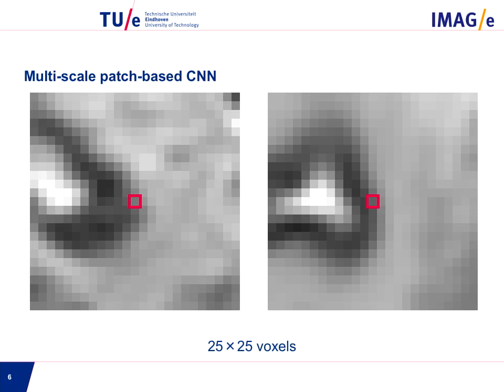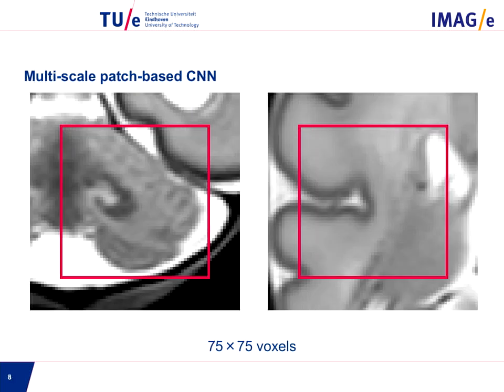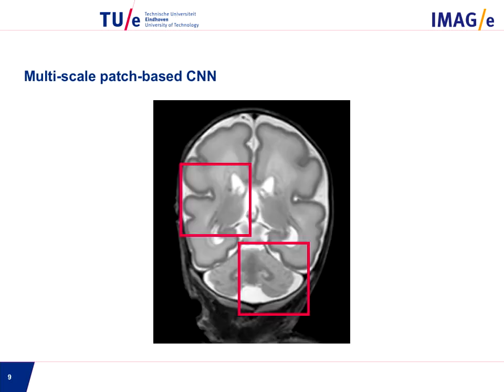But if we zoom out from this, the 25 by 25 patch is now indicated by the box, and this is now 51 by 51 voxels. You can see that we're actually in quite a different location in the brain. And if we zoom out a bit more, you can see that the left one was located at the cerebellum, and the right one was located at the cortex. So they were even located in the same image slice.